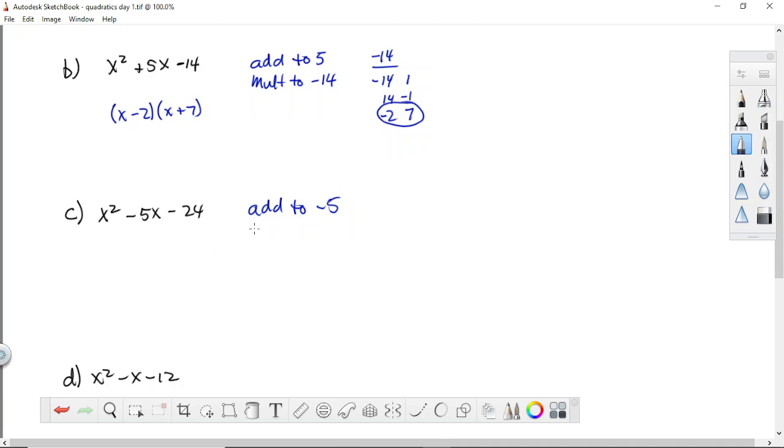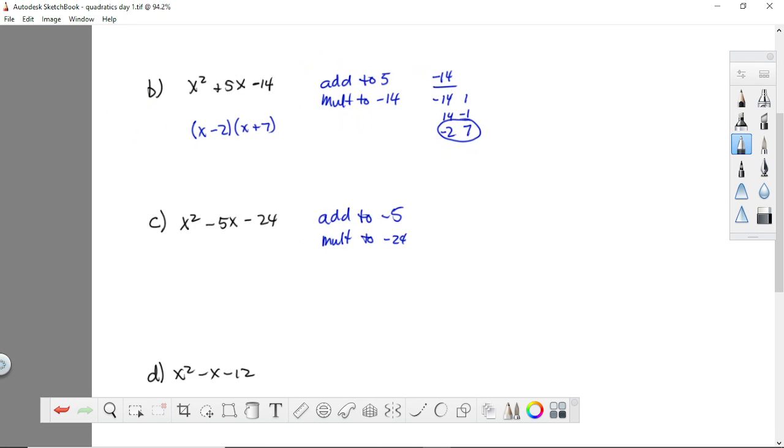And they're going to multiply together, the same pair of numbers that adds to negative 5. We need it to multiply to negative 24, right? Okay. Now this may be a little bit more challenging.